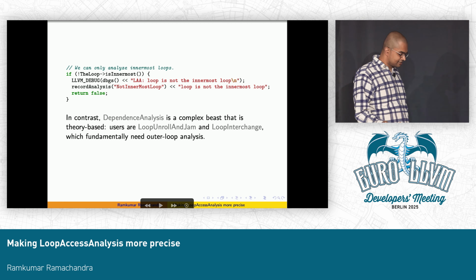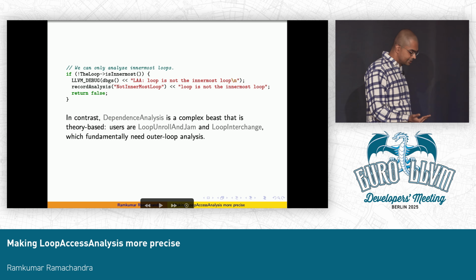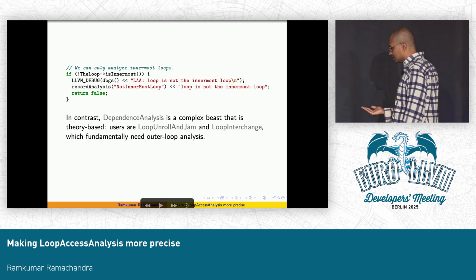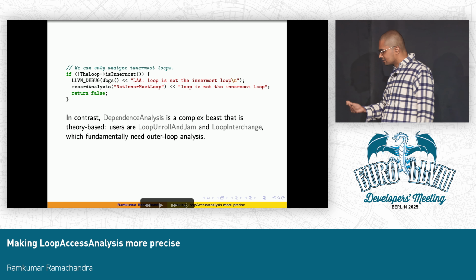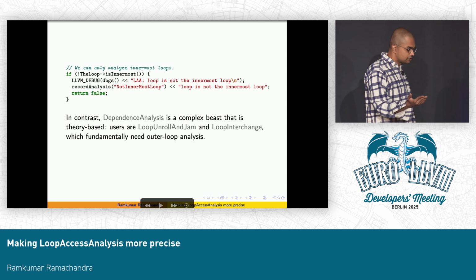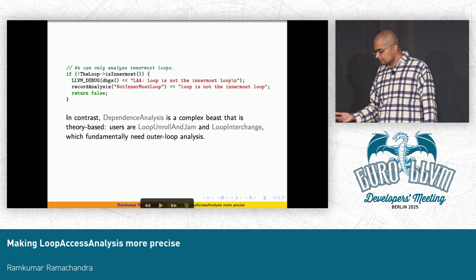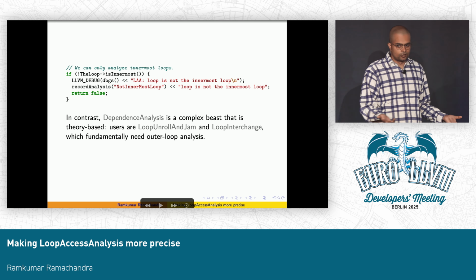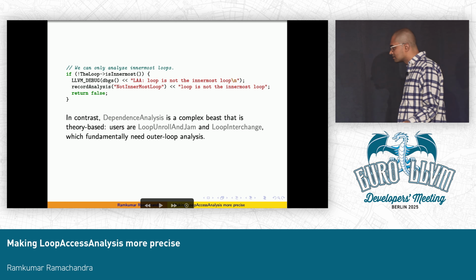Now, if you want to contrast this, of course, there is always the dependence analysis, which is not turned on by default, but it is based on the paper from 1991, Practical Dependence Testing. In contrast, that one is theory based, so it works in many cases.